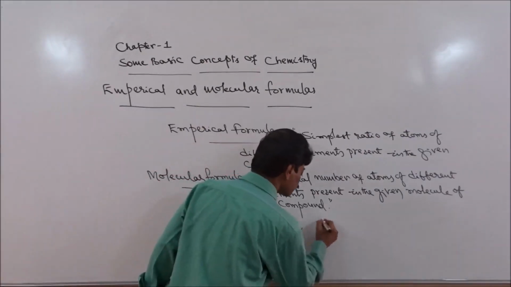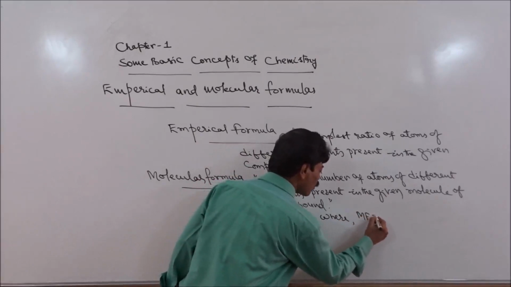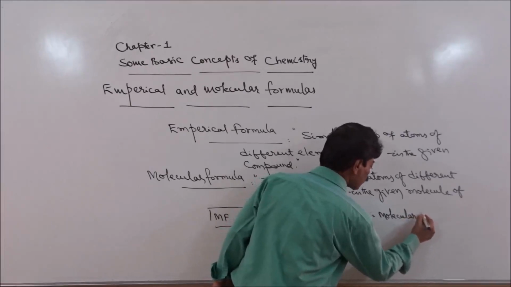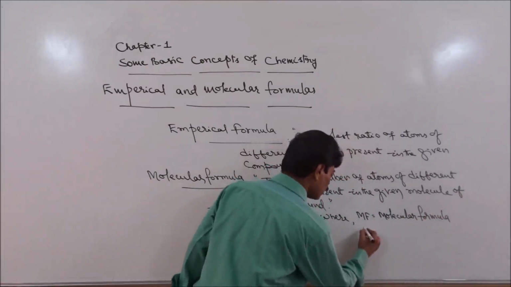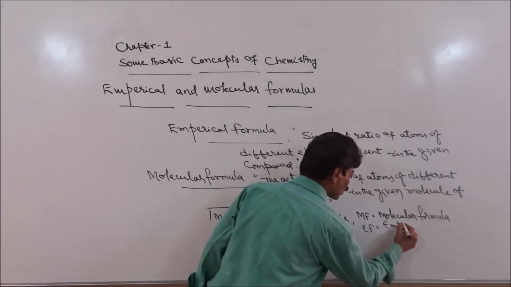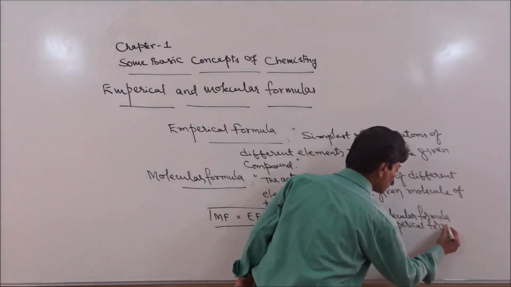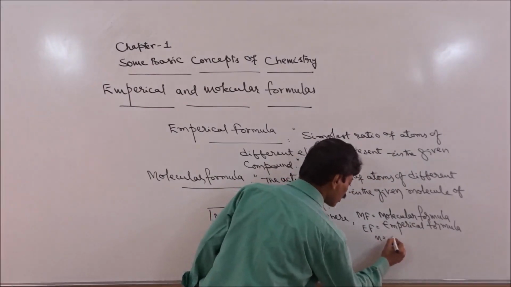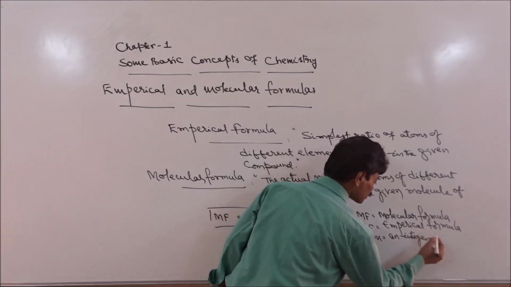Where MF stands for molecular formula, EF stands for empirical formula, and small n stands for an integer.